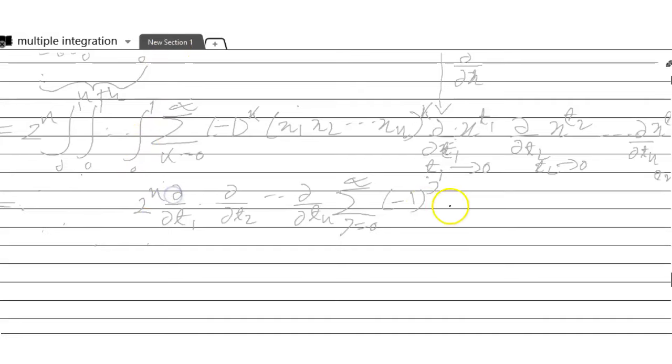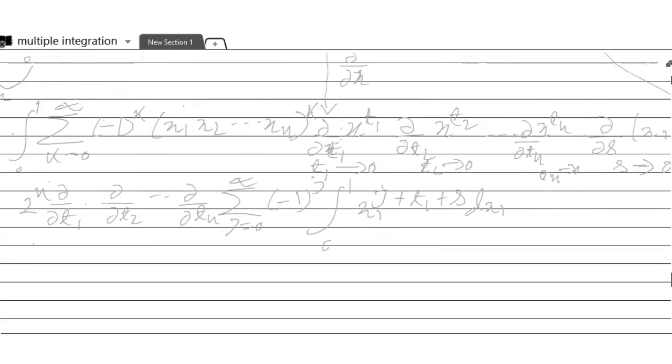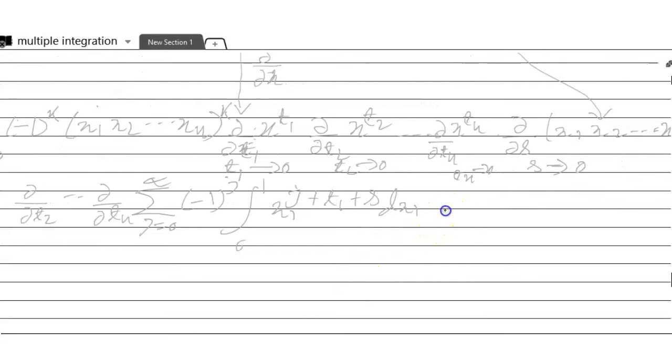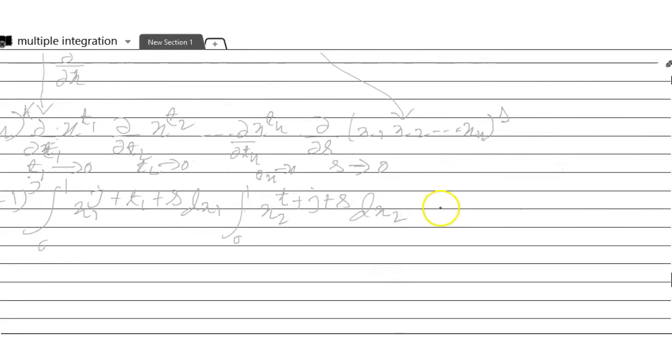So it is 2 to the power n, integral 0 to 1 of x1 whole to the power j plus t1 plus s dx1, into integral 0 to 1 of x2 to the power t2 plus j plus s dx2, into up to the nth term, friends, integral 0 to 1 of xn to the power j plus tn plus s dxn.